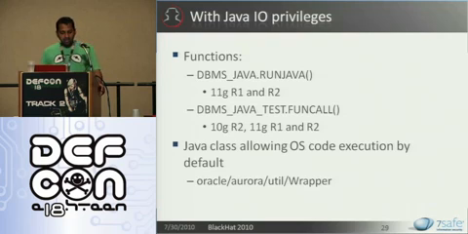You can do that in 10gR2, 11gR1, and 11gR2 by calling these two functions, runjava and funcall. Both these functions take an Oracle class as an argument and a method of that class which will allow OS code execution. By default, this particular Oracle class, Aurora util wrapper, allows OS code execution within the main method.